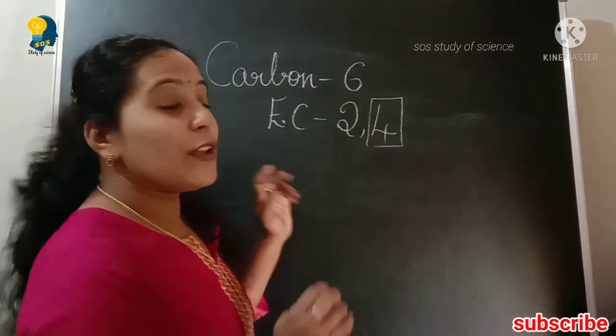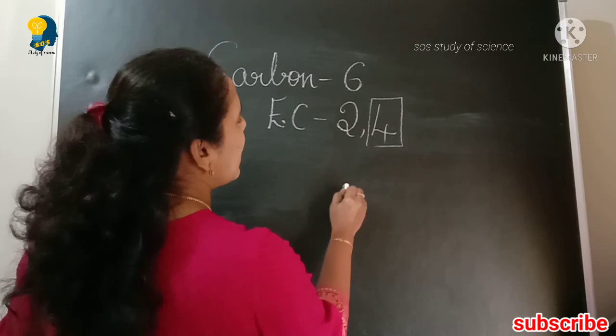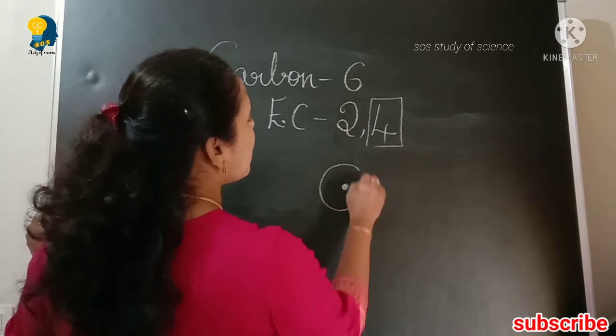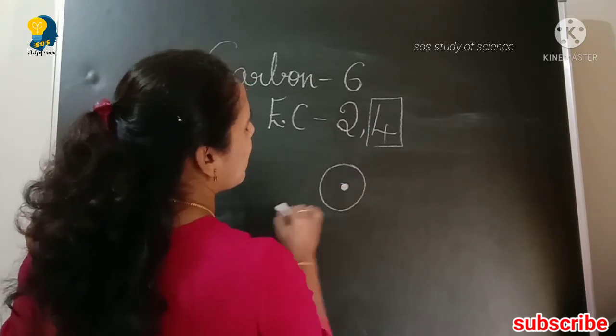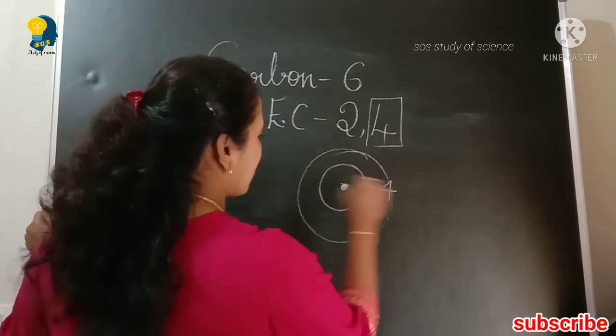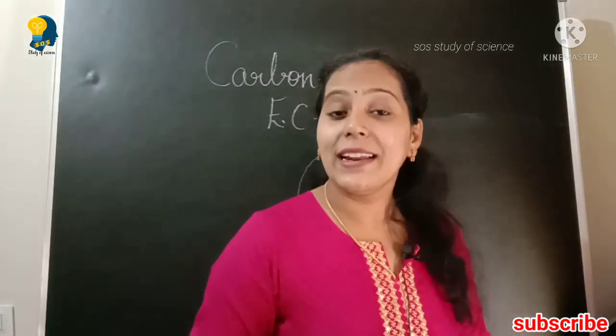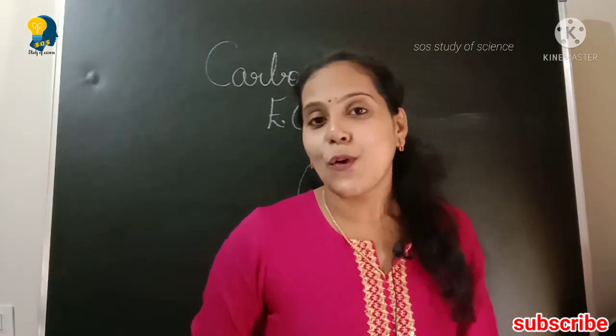See, when I write the atomic structure of carbon, this is the nucleus of carbon, on the first shell there are 2 electrons and on the second shell there are 4 valence electrons. Correct? So it is difficult for the nucleus of carbon to lose 4 electrons.